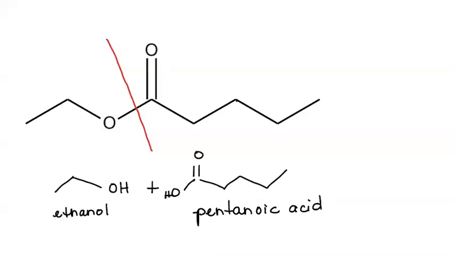Remember, when I'm naming an ester, the first word is going to be the alkyl group that is bonded to the alcohol. So if I have a CH2CH3 group next to my alcohol, what is the name that I'm going to put as the first word in this ester?